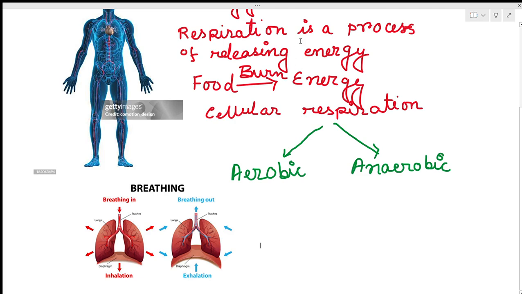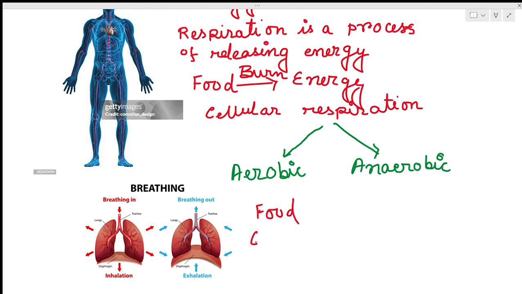So let us check what happens during respiration. First, the food that we intake is of complex form.